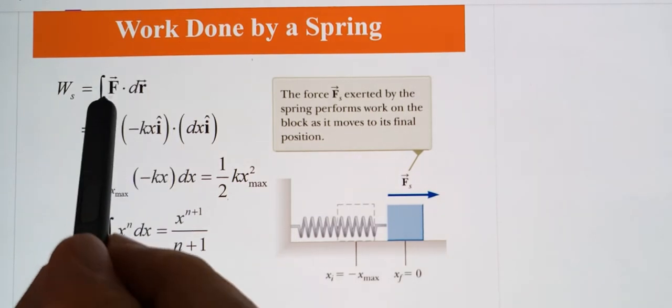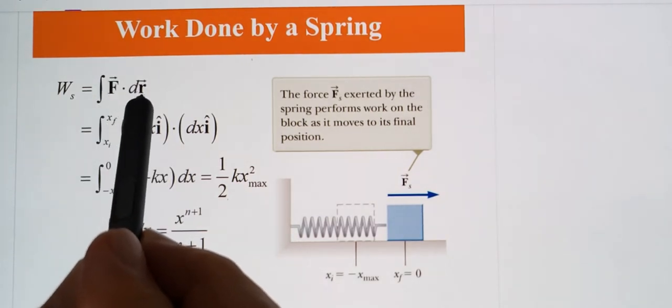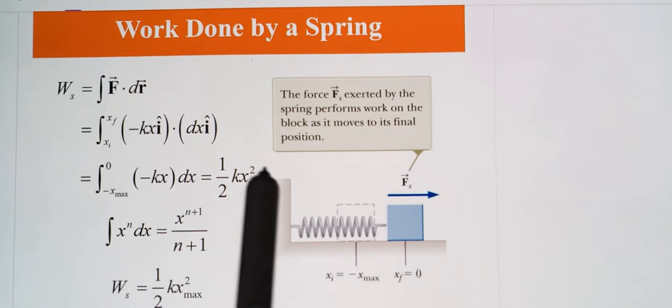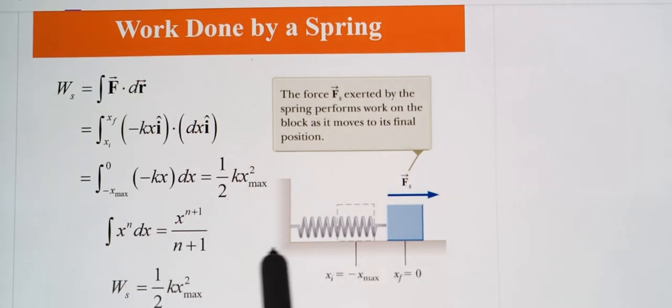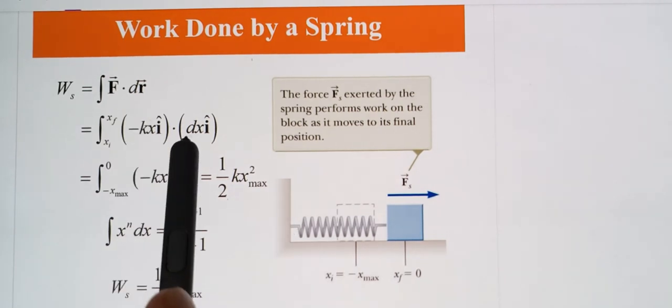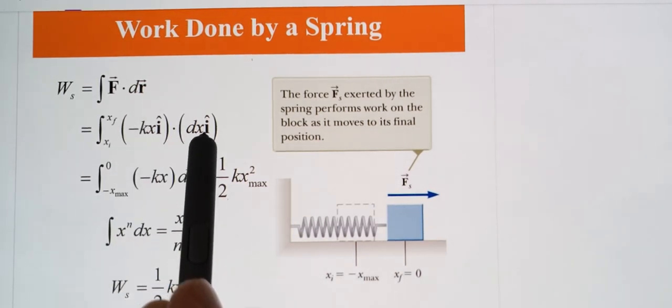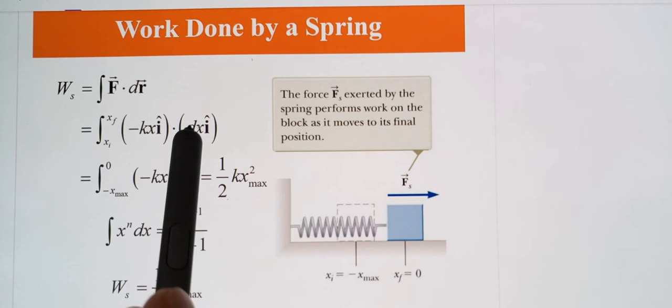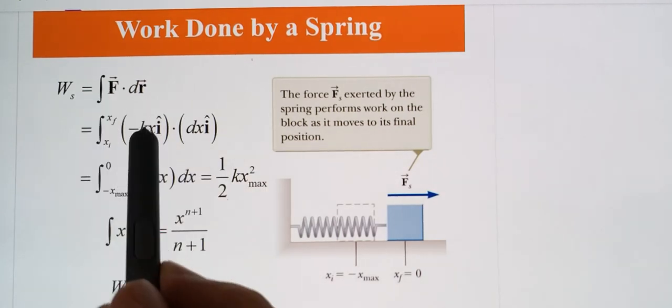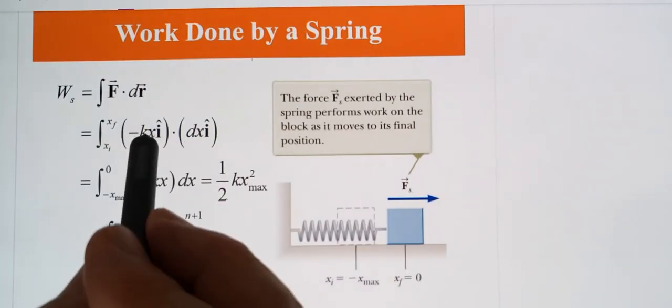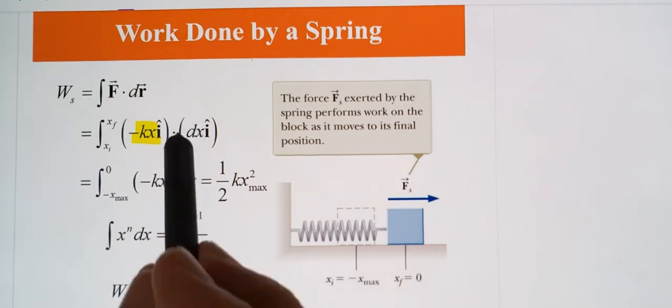So we have the force dot dr in general, but here we are talking about the x-axis only, so it becomes just a dx, in the i component. And what is the force? We just said the force is minus kx. So here is my force, minus kx dx.